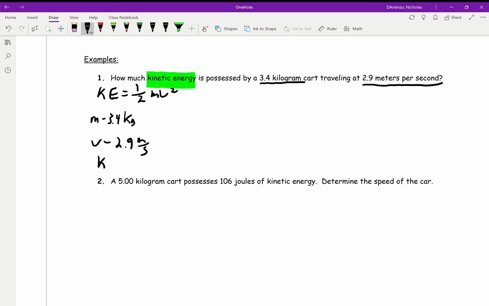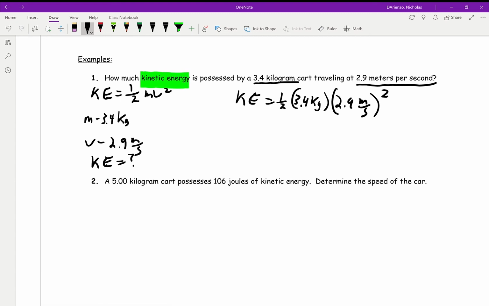We don't know what the kinetic energy of the object is. So we can find that because we have the mass of the vehicle, and we know the speed that it's traveling at, 2.9 meters per second, and we're going to square that.